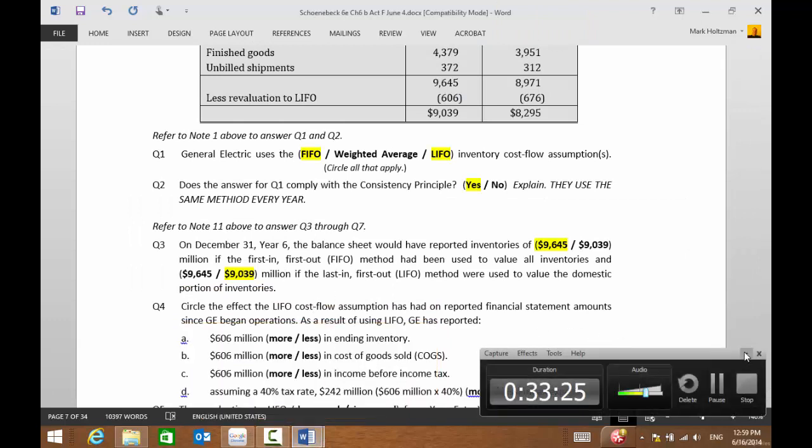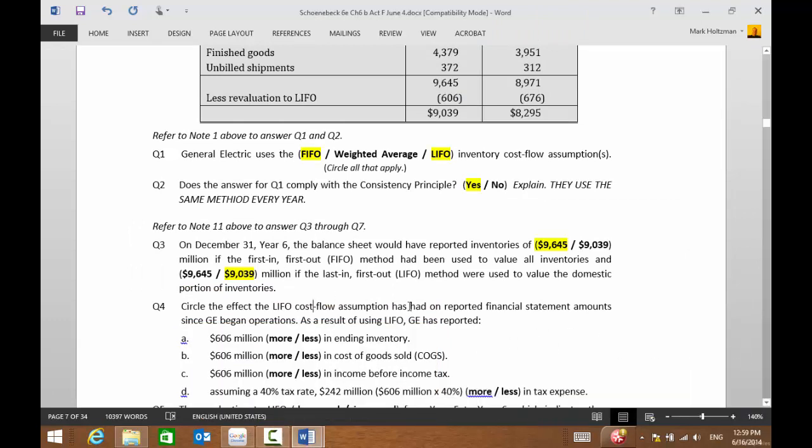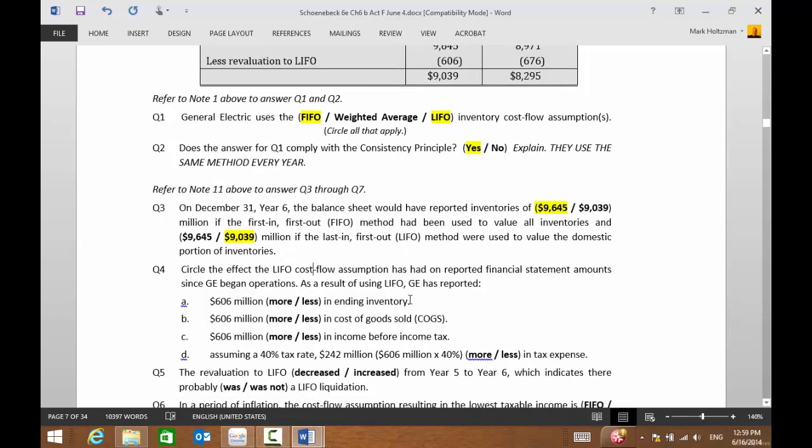So circle the effect of LIFO. As a result of LIFO, GE reported 606 more or less in inventory? Less. And how about cost of goods sold? They've reported more cost of goods sold because of this.